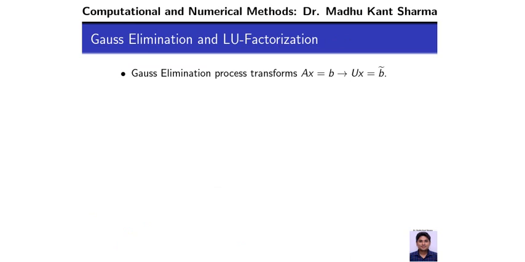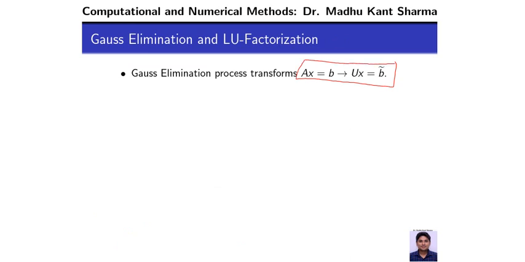Last time we also mentioned that during the Gauss elimination process, if the basic Gauss elimination method does not fail, then you can have the LU factorization straightforward. How? During the Gauss elimination process, you have transformed AX equals B to UX equals B tilde.